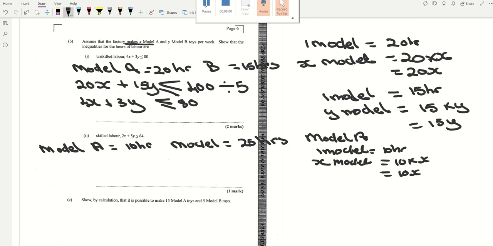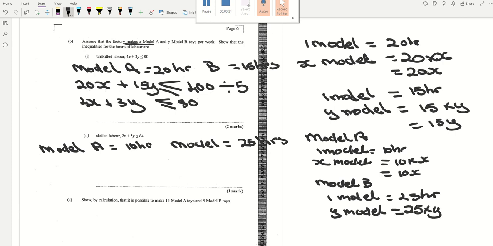Right, and for model B, we know one model is equal to 25 hours. Therefore, for Y models, it would be 25 multiplied by Y. Right, so now we can say that 10x plus 25y is less than or equal to 320.